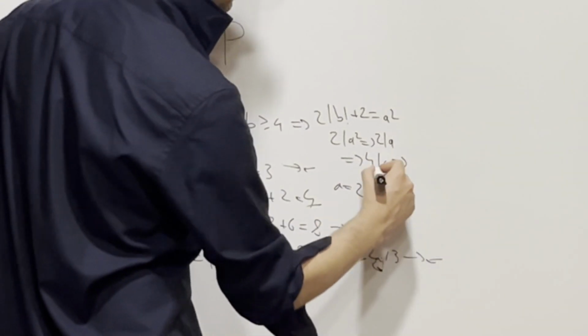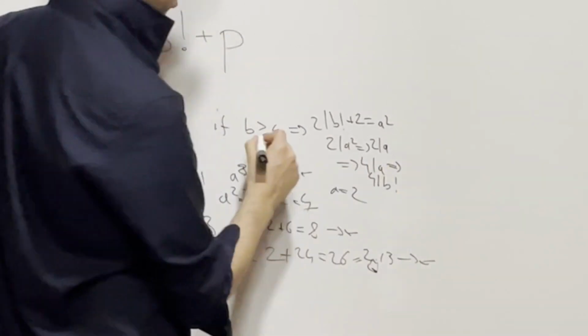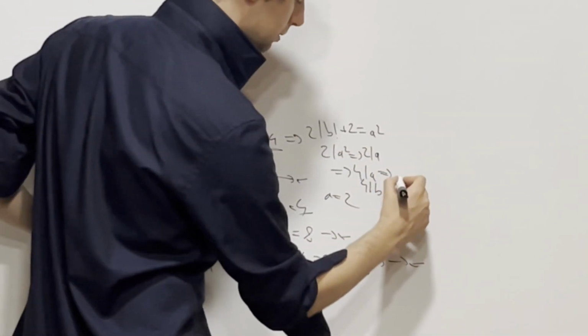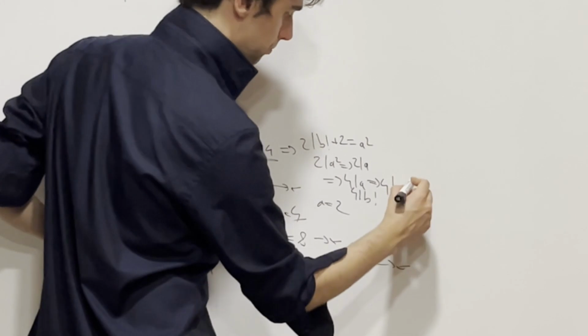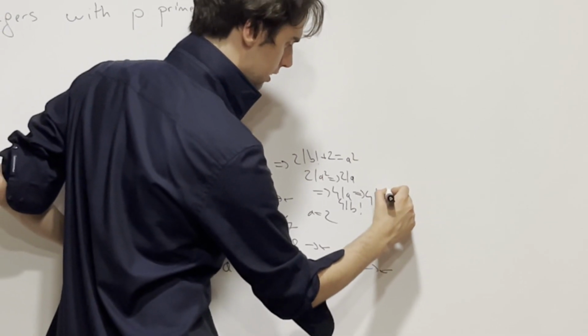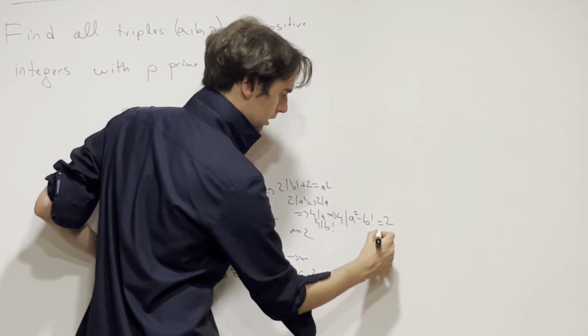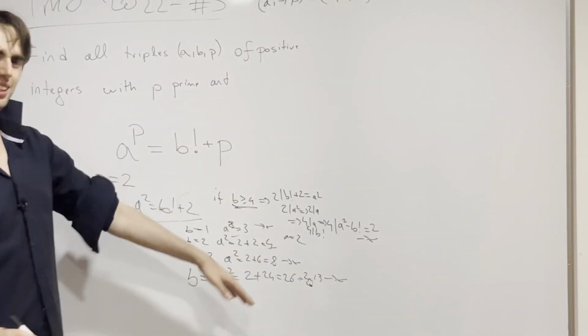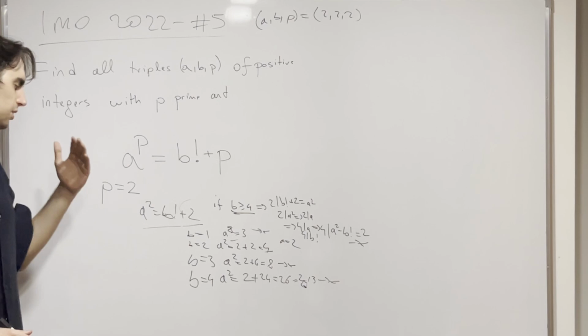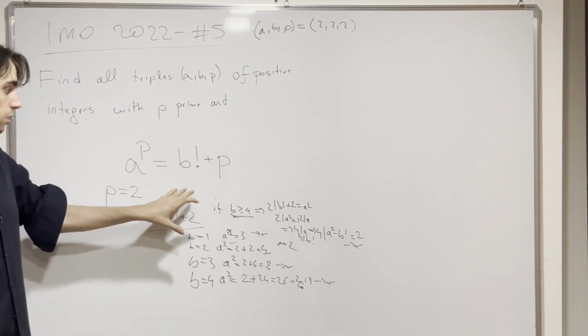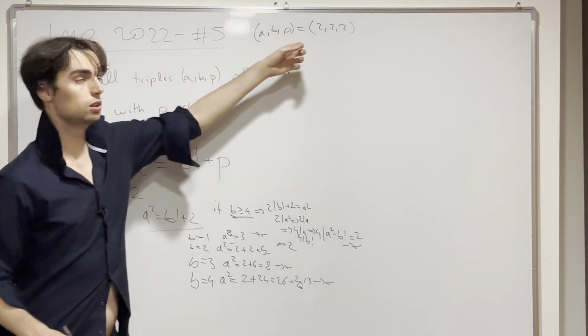And now combine that with 4 divides b factorial from here. This implies that 4 divides a squared minus b factorial, which is equal to 2. And that's a contradiction. That's nonsensical. 4 does not divide 2. So for p equal to 2, this is our only solution.